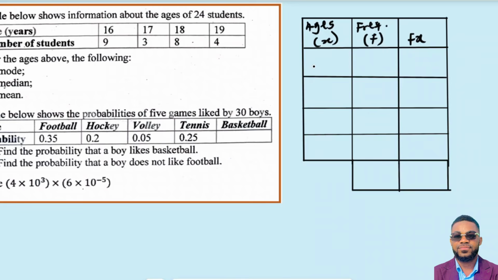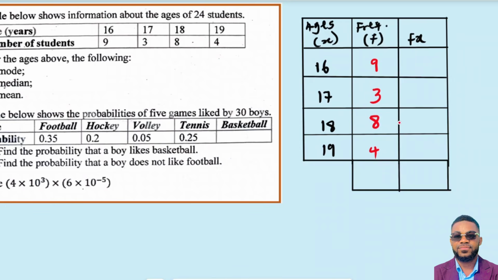So now these are the ages. We have 16, the next one is 17, we have 18, the last one is 19. Also, these are the corresponding frequencies. There are 9 students who are aged 16. So we have 9 here, 3, 8, and 19 years, they are also 4.